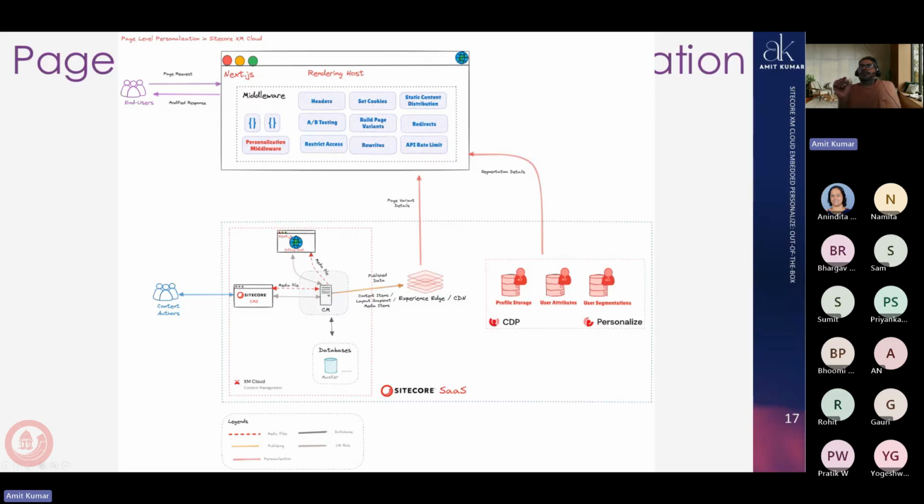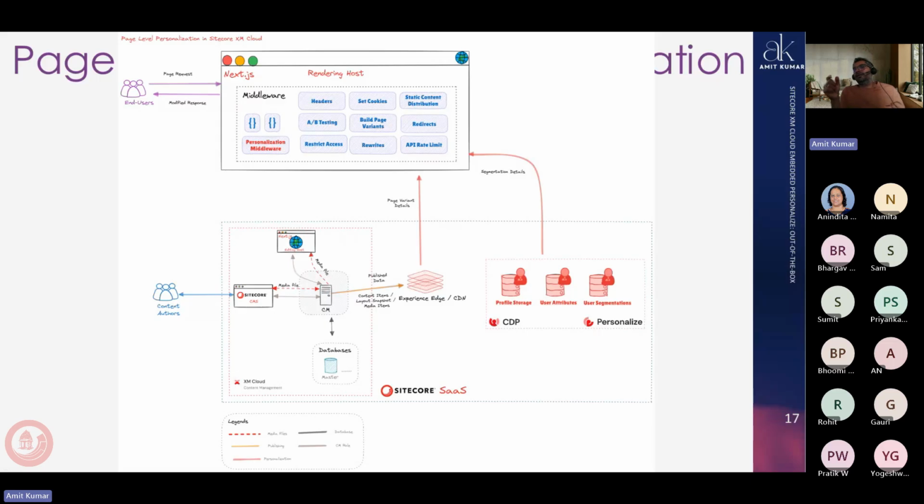Suppose you have a condition like if the user is coming from India. That is nothing but segmentation details. We need to check whether the current user is coming from India or not. Then it will make a call to this CDP and Personalize in the back end and get whether this condition is true or not.